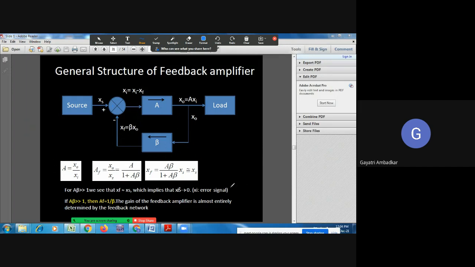Okay. So now let us see the gain. Again, I will derive it here.